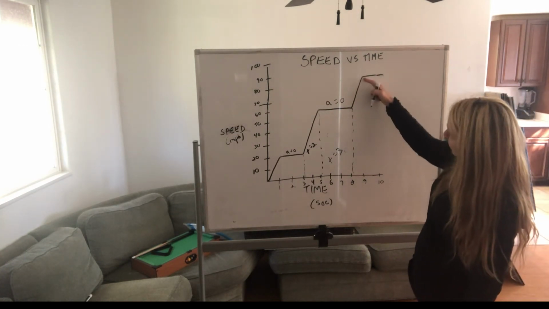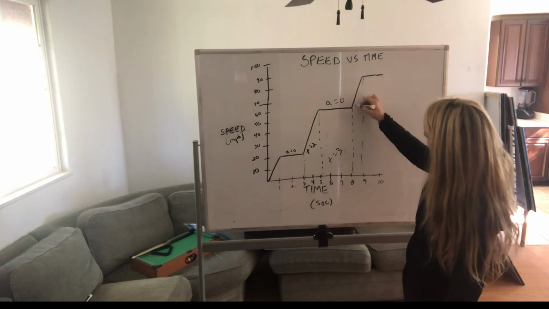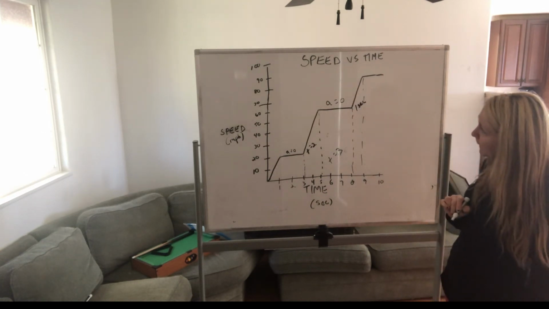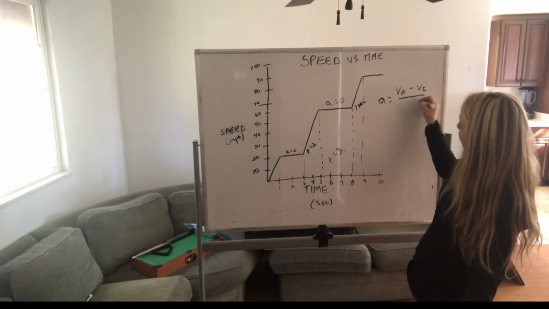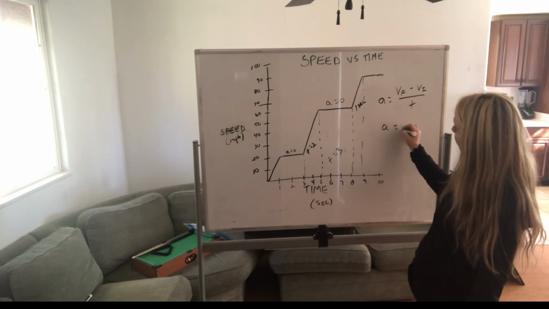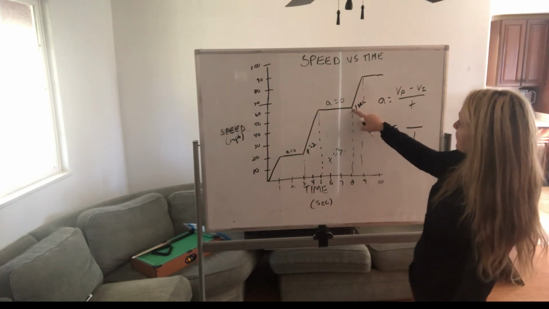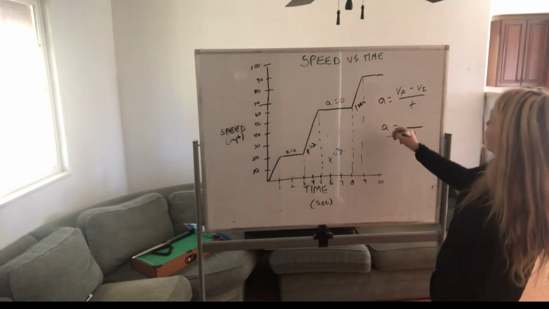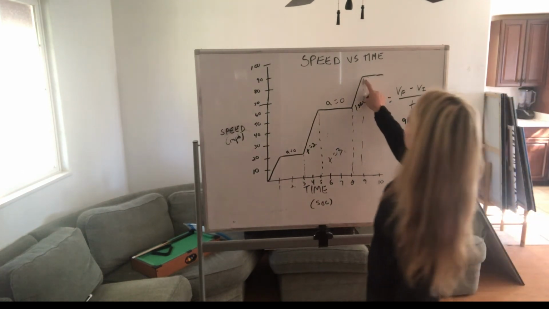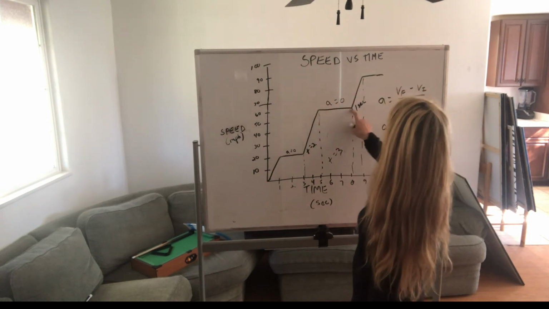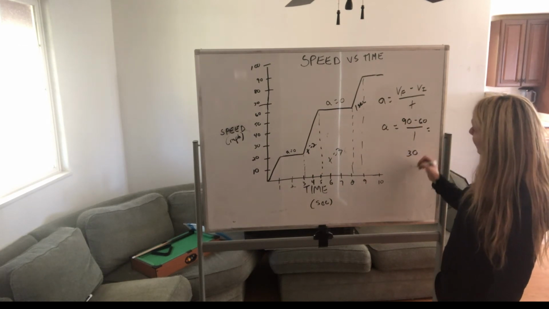Then we go to the next one here, this part here. I'm going to say this is 1 second. We're going from 8 to 9. 1 second is the time. And we're going to use the same formula, velocity final minus velocity initial over t. T is 1 in this case. Final velocity is 90, and the original velocity is 60. So 90 minus 60, 30, divided by 1 is 30.